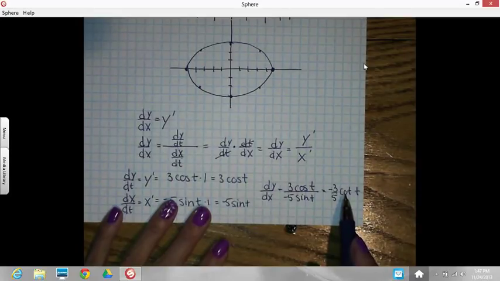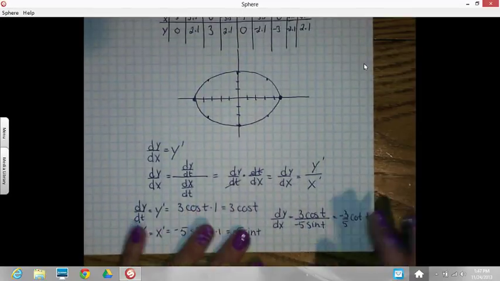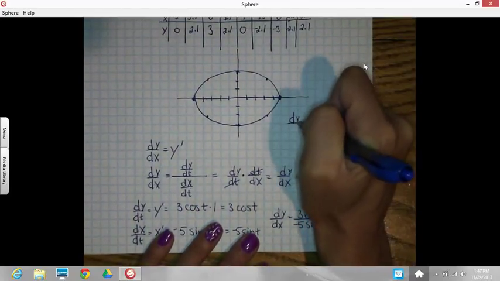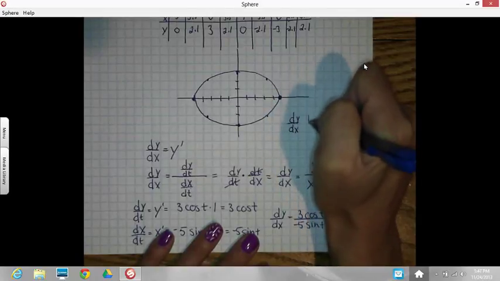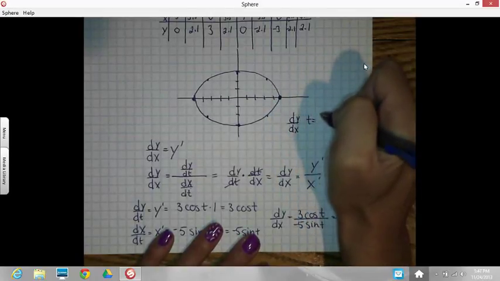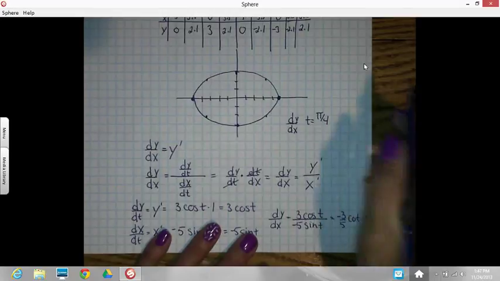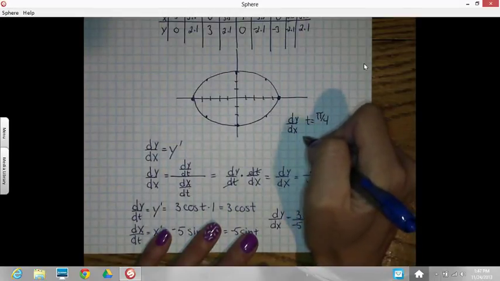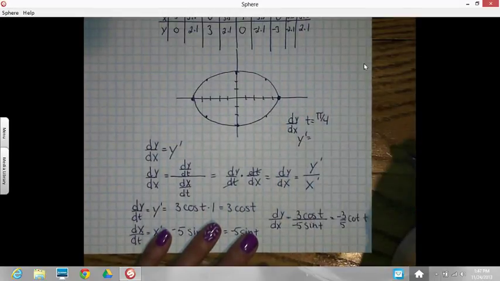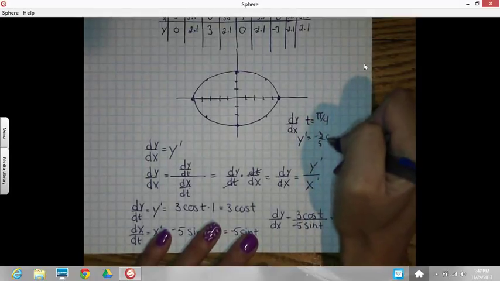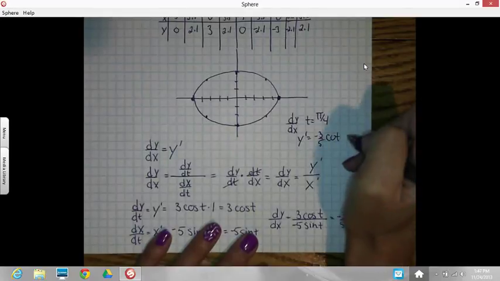pi over 4. So the last part of this is going to be to find dy/dx when t equals pi over 4. So that's just plugging pi over 4 in for the t. So that will equal negative 3/5 times the cotangent of pi over 4.